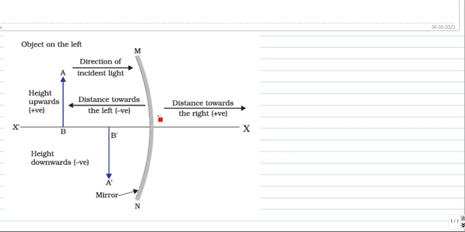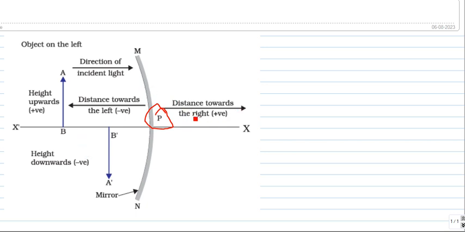This point P is taken as the origin, and we measure the distance from this point P. All distances measured to the right of the origin are taken as positive, and those measured to the left of the origin are taken as negative.